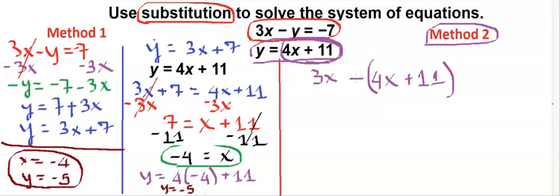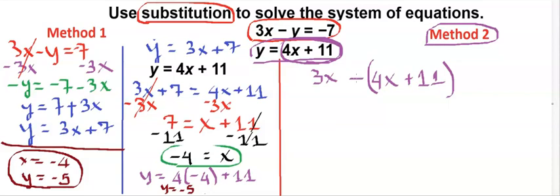So I take this y, which is 4x plus 11, and substitute it into this y. Replace this y by 4x plus 11. That's all I'm doing. I'm going to plug it into this. Okay? So now we have 3x minus.